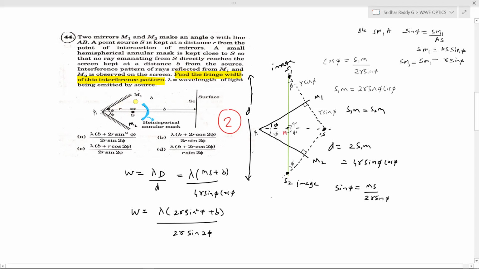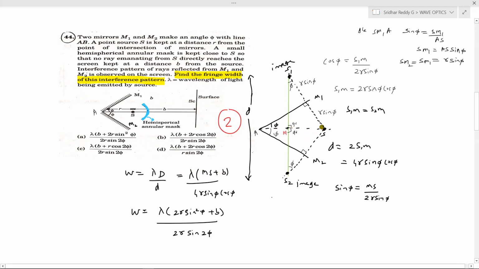Capital D should be MS plus B, where MS is this distance and B is the distance to the screen.